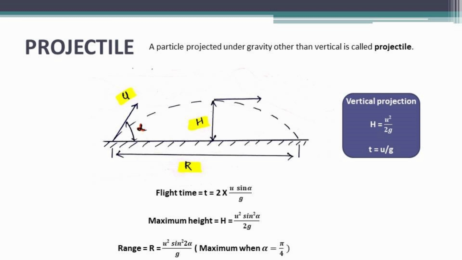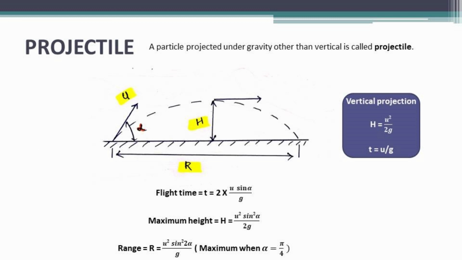Now you must have noticed that when you are throwing an object up in the air, not vertical but at an angle, with different angles of projection the range changes, and the maximum height that it attains changes.